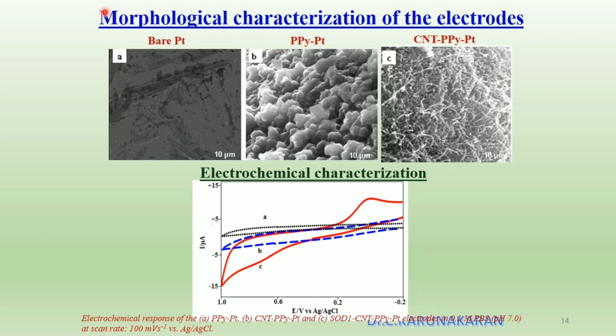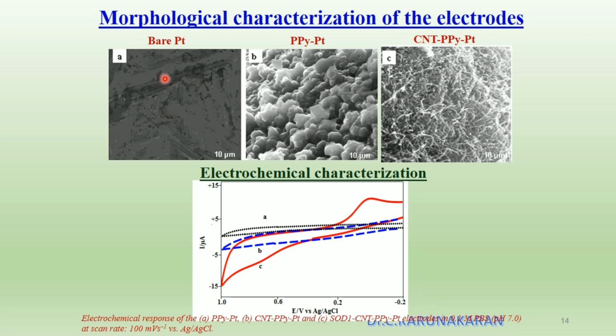The biosensor electrodes fabricated were studied by scanning electron microscope. This is the image of the bare platinum electrode. This is the image of the platinum electrode after electropolymerization of pyrrole conducting polymer. Here, as I said, the surface is smooth.